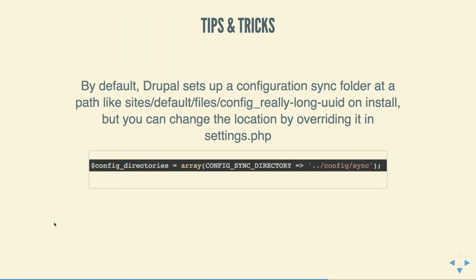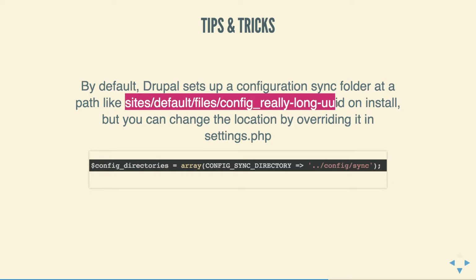All right, so now we can move into the tips and tricks, ways that you can improve the way that you work with the CS. By default, Drupal sets up a configuration sync folder for you when you run through the install script, and that lives by default in sites/default/files/config_ followed by the UUID for your site.